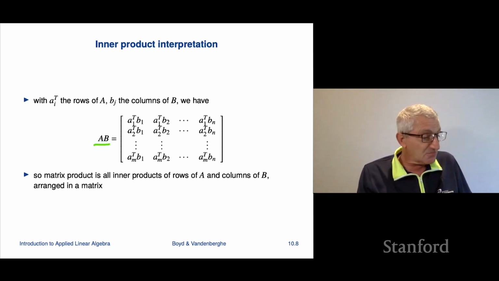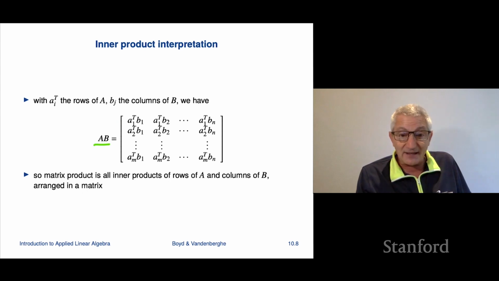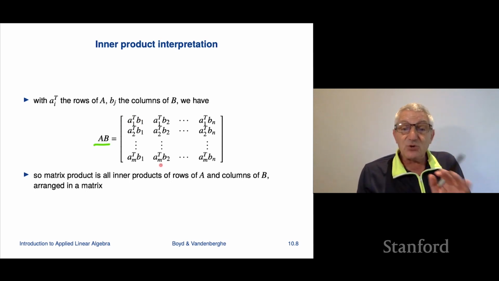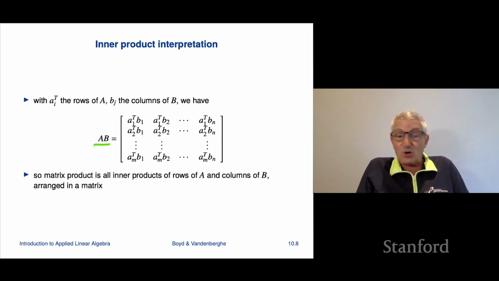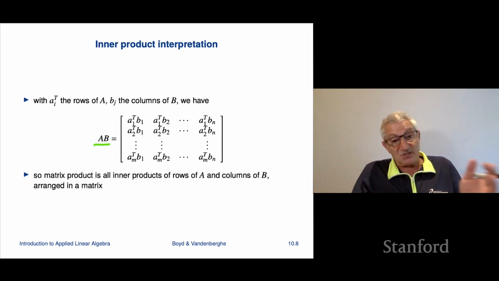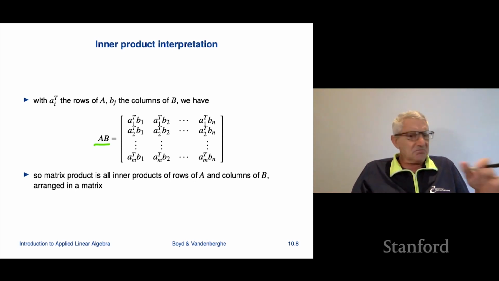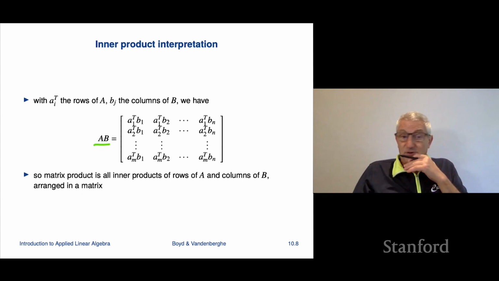It's the first row of A times the first column of B, that's A1 transpose times B1, and so on. So you could think of this as a matrix product that gives you all the inner products of the rows of A and the columns of B, arranged into a matrix. That's a perfectly good way to think about matrix multiplication. Actually, all these different ways are not very hard to work out. They're all related, and they're all useful in different settings.